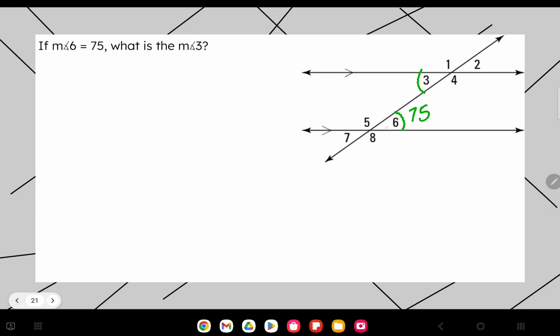Well, just looking at these, I can see that angle 6 and angle 3 are both acute angles. And so since I know that all of the angles either need to be supplementary or congruent, I know that the measure of angle 3 also equals 75.